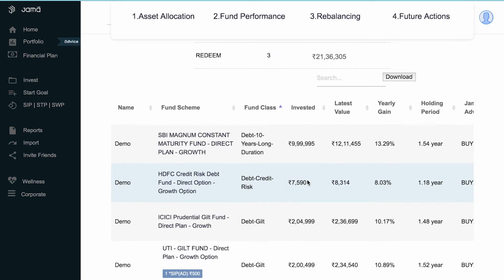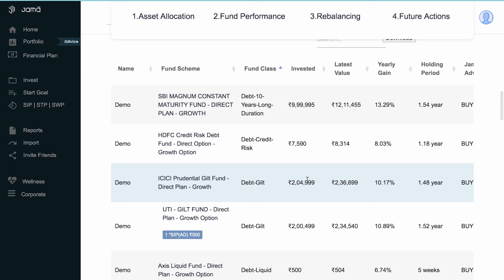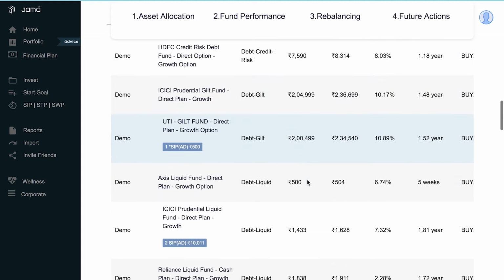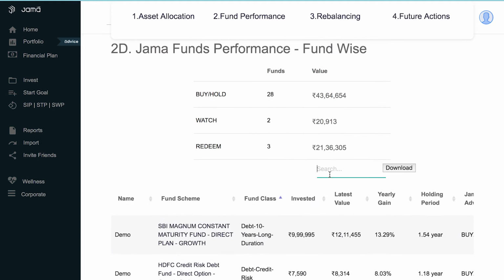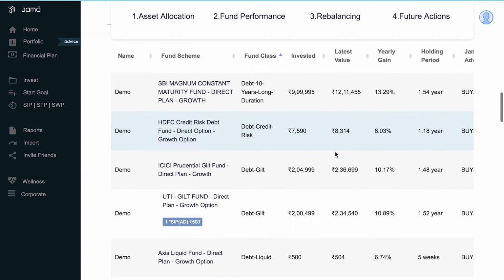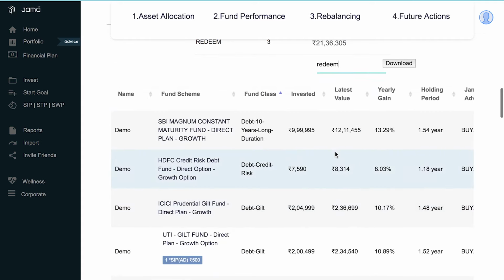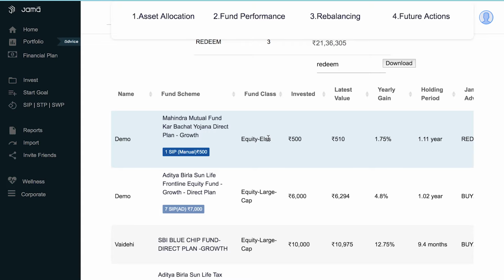This talks about the fund performance individually. You can zoom into, for example, if you just type in redeem, you will see the funds which have been marked as redeem here, so this is a redeem fund.